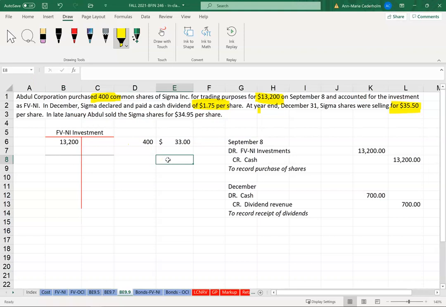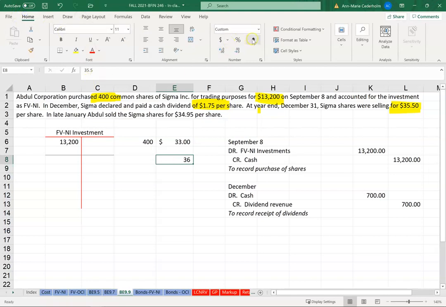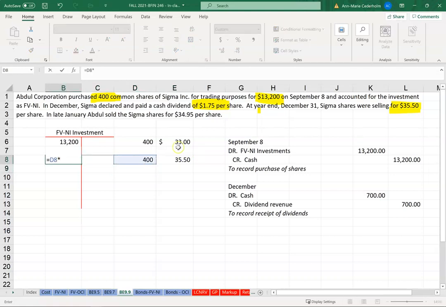So we're not selling these shares, we're just bumping up this share price on our books to $35.50. I'm just going to calculate the balance first. 400 times $35.50 gives me $14,200. That's my new balance, so I'll have to do a journal entry for the difference. The journal entry is 1,000.